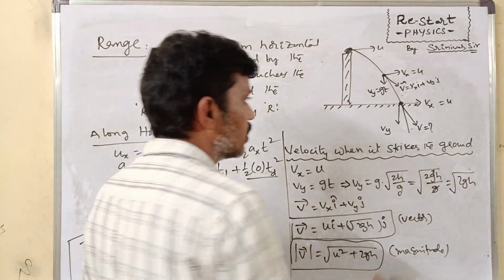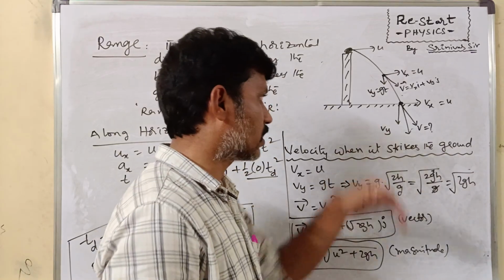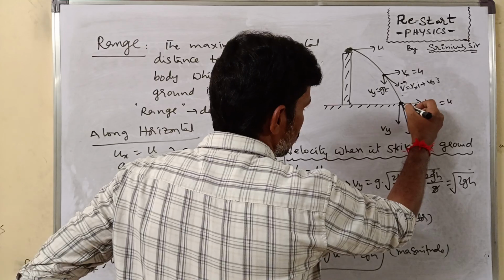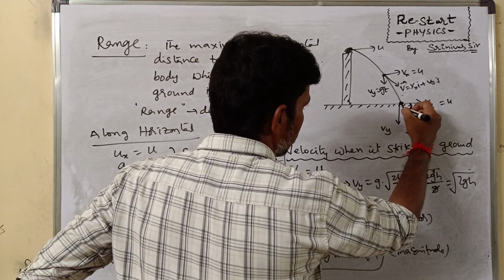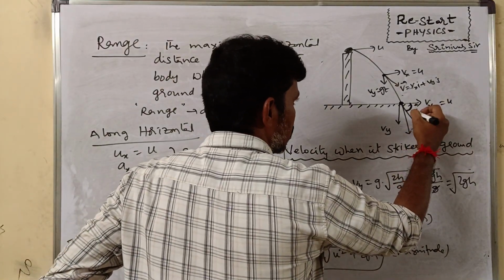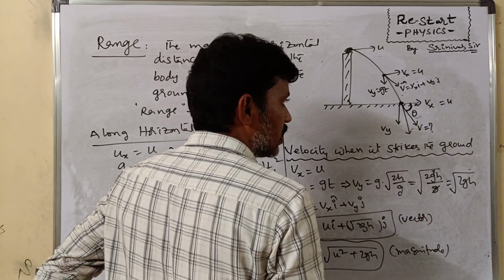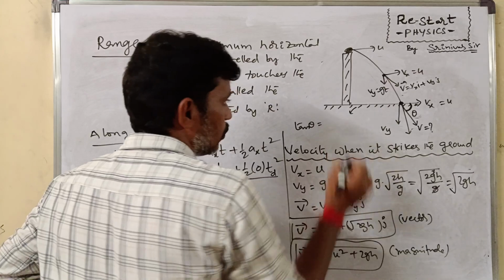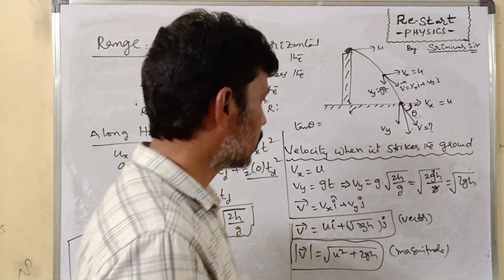And one more thing is there. They are asking the direction of velocity when it strikes the ground. Let us take theta when it reaches the ground. Tan theta is equal to opposite by adjacent, the component Vy by Vx.